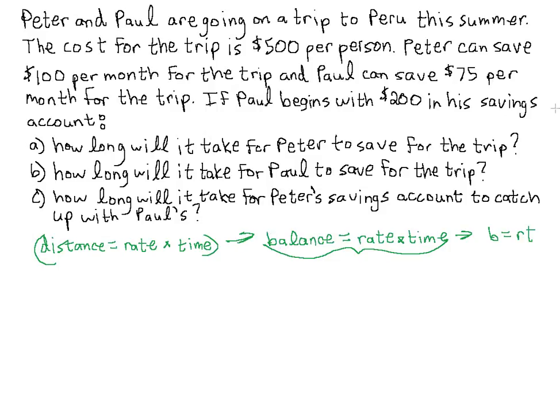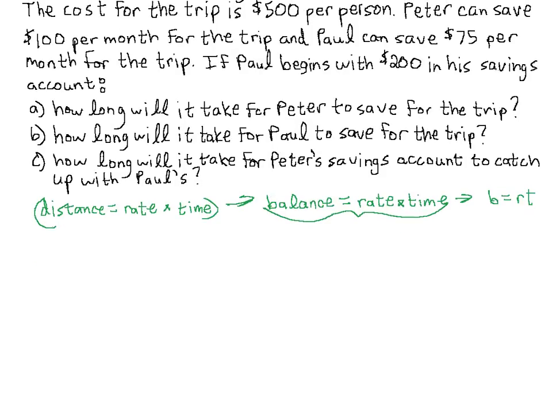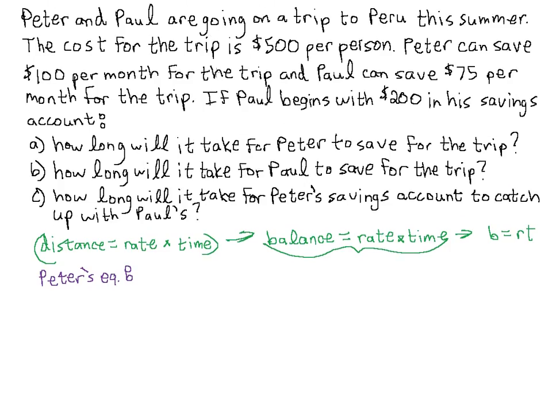So let's write a few equations. Let's handle Peter's equation first. It's going to look something like this. We know that Peter can save $100 a month for the trip.